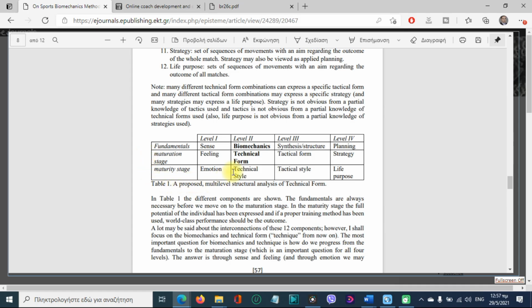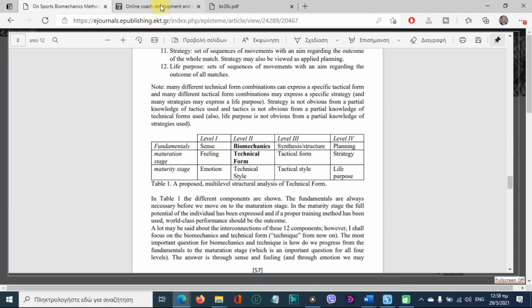And these all have three stages. The fundamental is the sense, so we have a common language, because when we say to someone, please push, it's common to everybody. But the feeling one has and the emotion one has about pushing something are things that we cannot access. So we have to start from the sense.